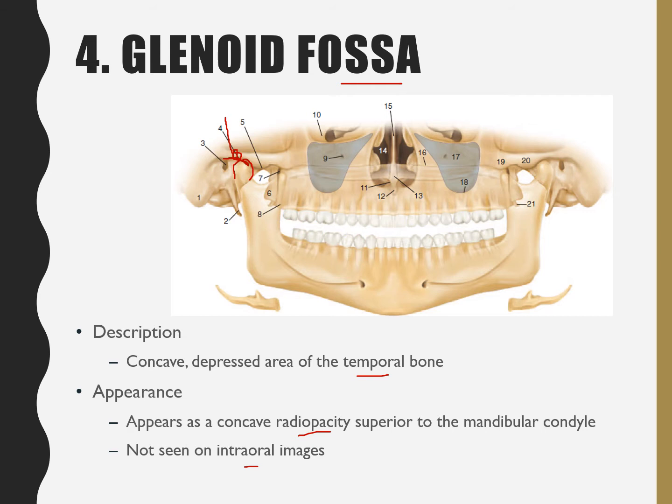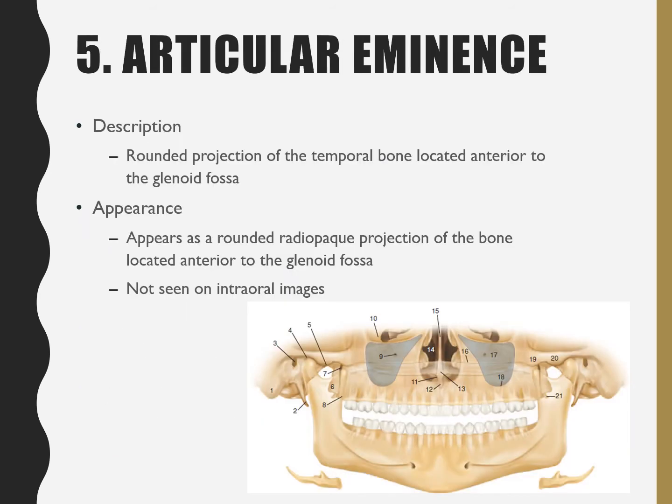This is a very important thing when you're checking for EOIO to see if they have clicking or popping or pain in their TMJ. Then you are placing your fingers right here next to this glenoid fossa, and you are feeling as that condyle slides, it hinges open and it glides forward within this fossa. All right, so the next one is articular eminence.